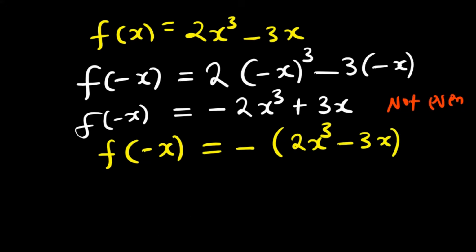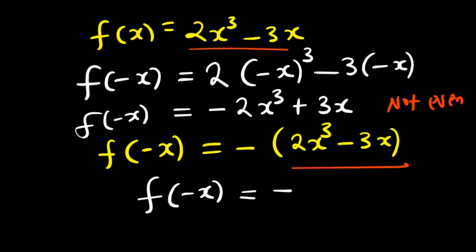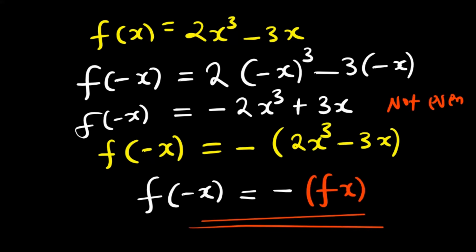Now you're able to see that after simplifying by factorizing, f of negative x is equal to the negative here, and what we have in the brackets is the same as f of x. So basically I'm going to put f of x in brackets, and this is how we illustrated that.